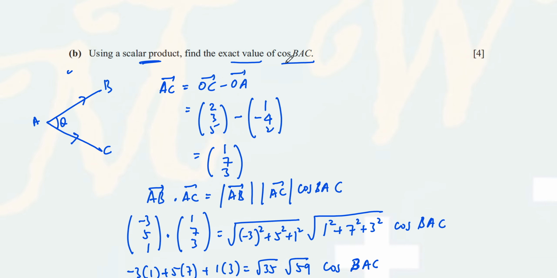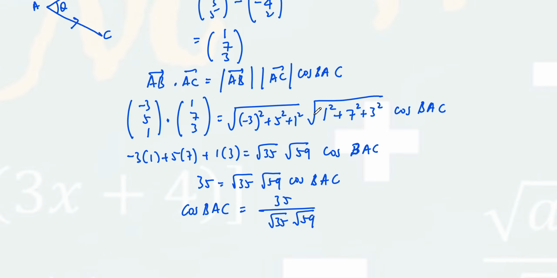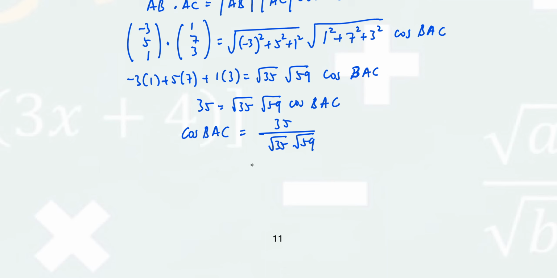Okay, now let's see the question. You need to calculate the exact value of cos BAC. So I will make cos BAC the subject. It will be 35 over square root 35 square root 59. Because you have a square root 35 in the denominator, I will split 35 into the multiplication of square root 35 and square root 35.